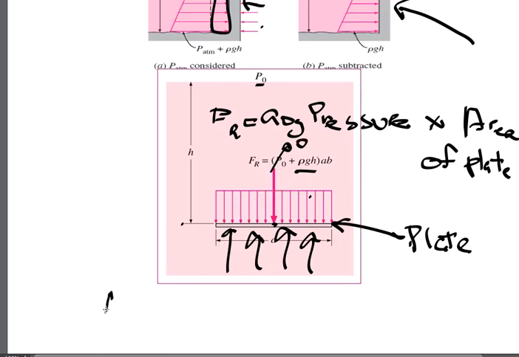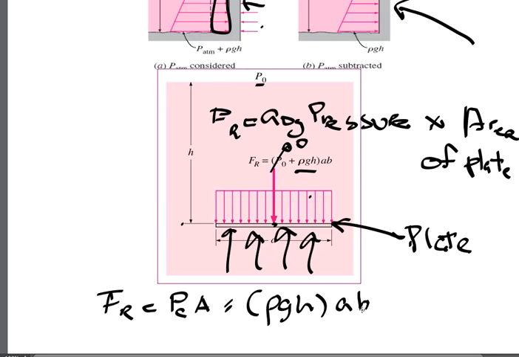So your resultant force can be reduced to the pressure acting at the centroid, which is also the average pressure in this particular case, and that equals rho GH times the area of the plate, which is A times B.